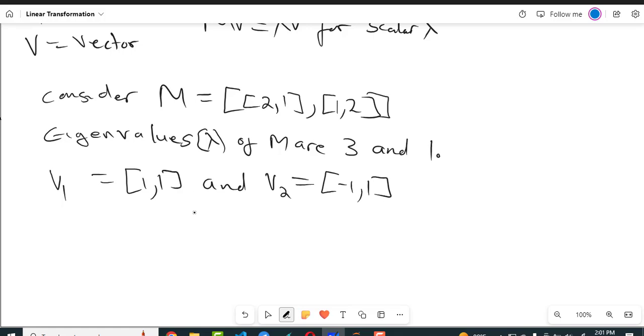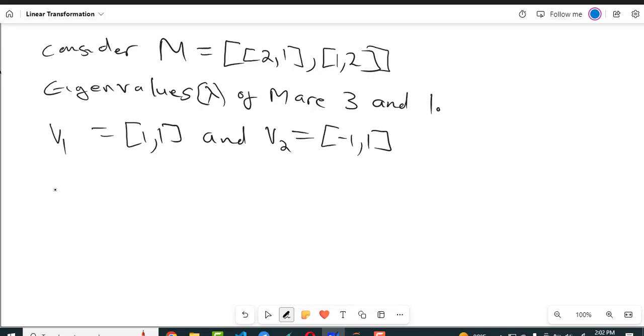To check the solution for the corresponding eigenvectors, we use the formula MV1 equals lambda V1. So we have to multiply our matrix, 2, 1, 1, 2, by V1, where V1 is (1, 1).